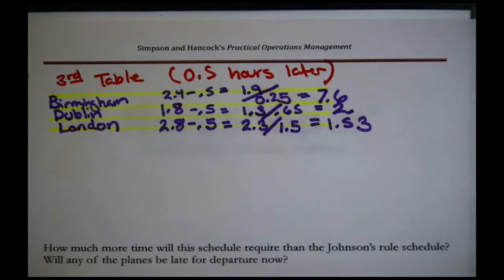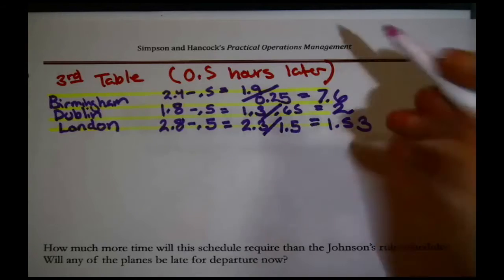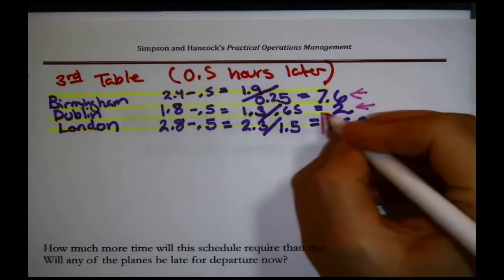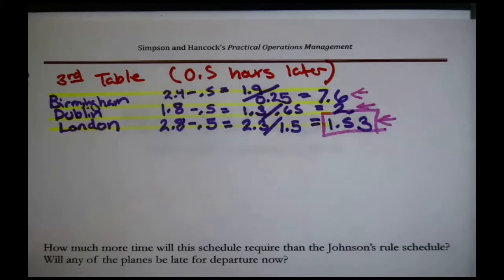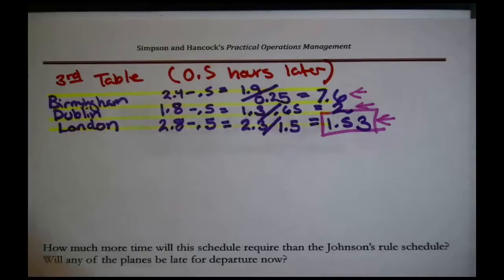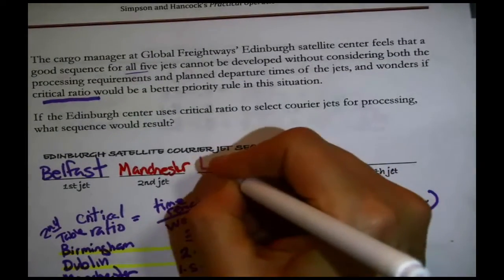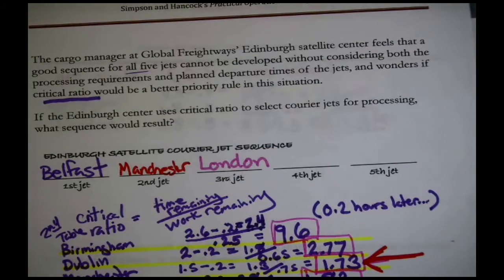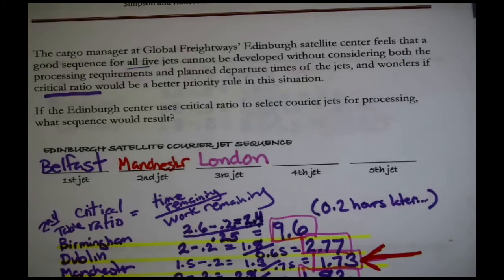These are the 3 updated values. I'm interested in the smallest one. The smallest one now belongs to London. Guess what? London gets picked next. Now the only thing I have to do is pick between Birmingham and Dublin.